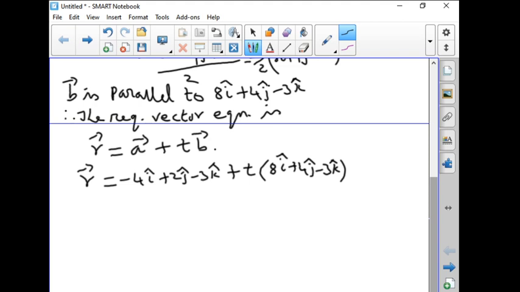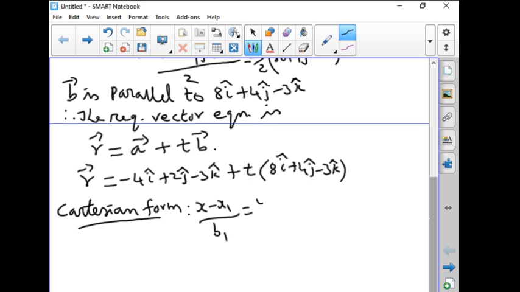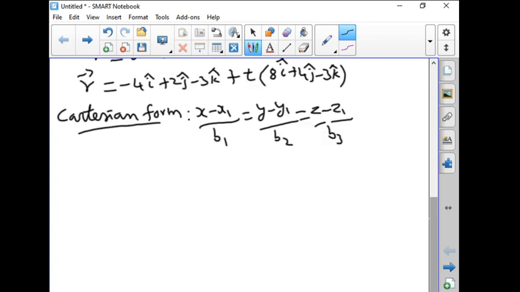Then we have to find the Cartesian form. We know the formula (x - x1)/b1 = (y - y1)/b2 = (z - z1)/b3.